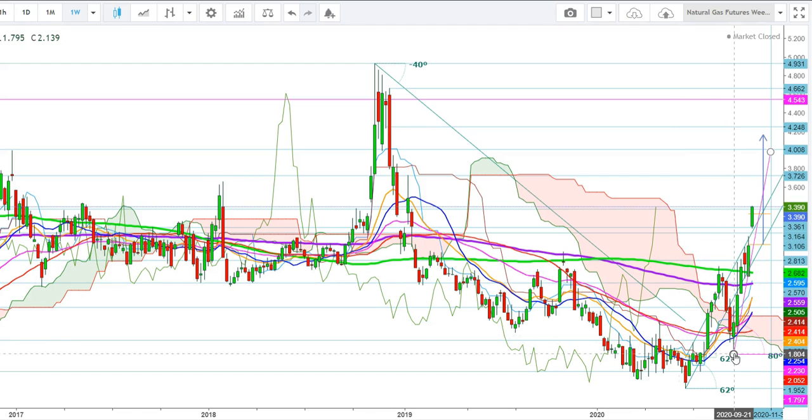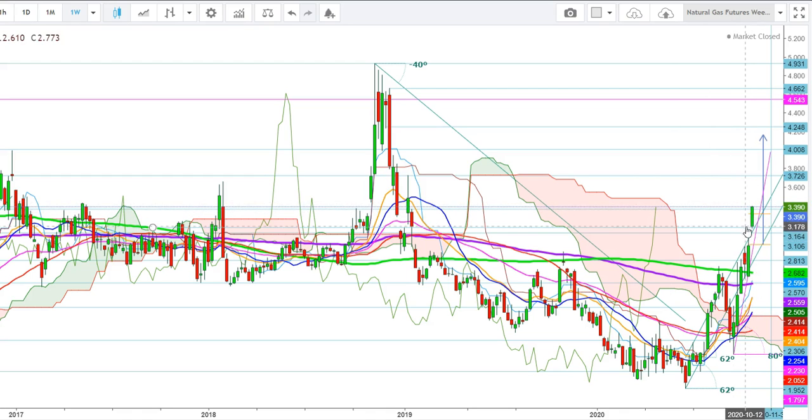But once again after testing the lows of $1.8, the natural gas futures started an uptrend from the levels of $1.785 and continued this uptrend, whereas the natural gas futures tested the highs of $3.396 on last Friday and finally closed the week at the levels of $3.390.